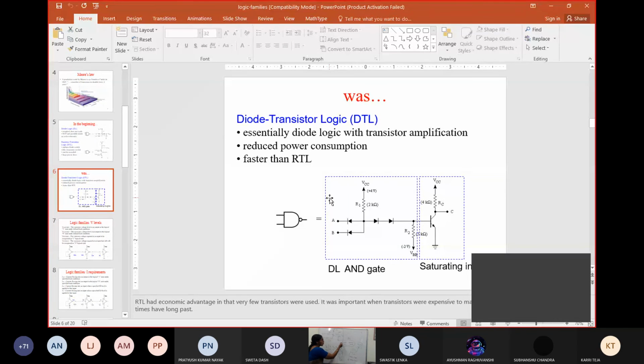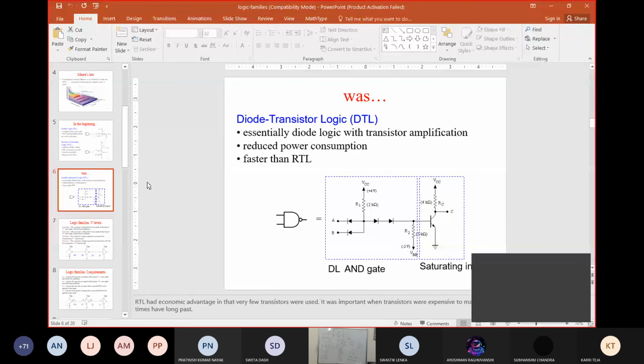So you can check how many different types of AND I can develop. I can use DTL, I can use transistor logic, which they call TTL. DTL means diode and transistor logic, DL means only diode logic. In every case, resistances are there. This is just an example I am talking about.